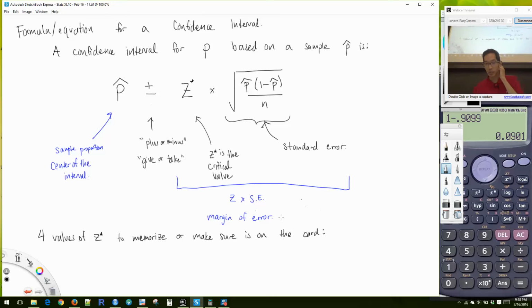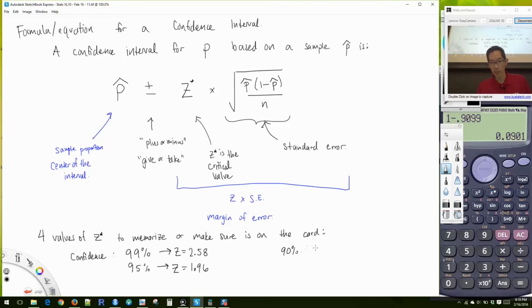For the confidence level, if you want to be 99% confident, then z is 2.58. For 95% confident, use z equal to 1.96.